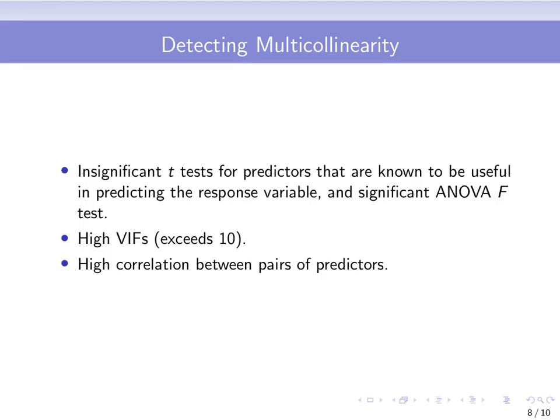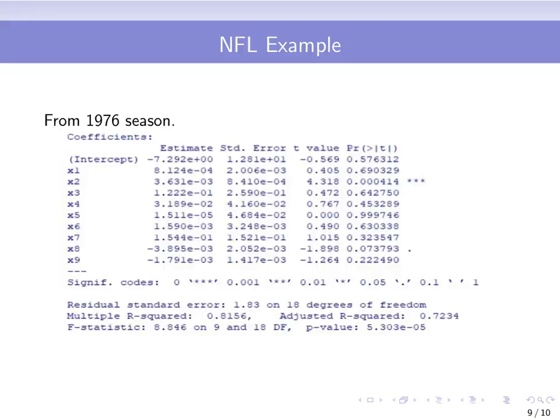That, in my opinion, is the key. This last point may or may not detect all multicollinearity all the time: high correlation between pairs of predictors. So if you have that happening, then multicollinearity is present, but if multicollinearity is present, this is not necessarily true.